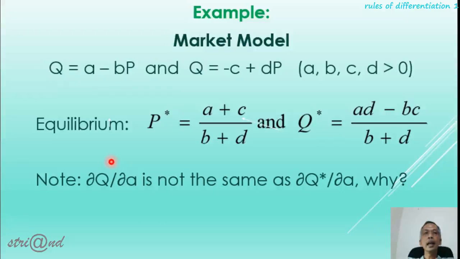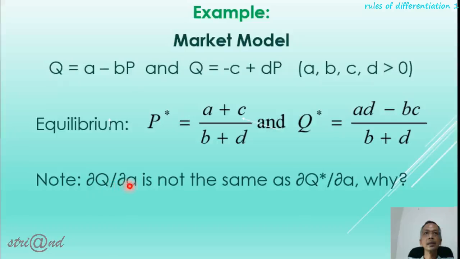Before discussing the derivative, please pay attention that the partial derivative of q with respect to a is not the same as the derivative of q star, the equilibrium quantity, with respect to a.